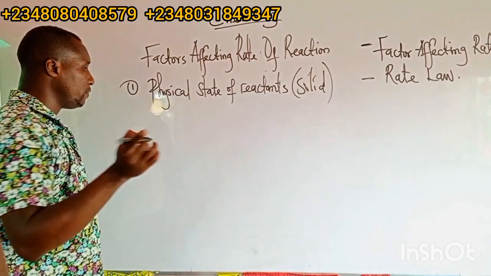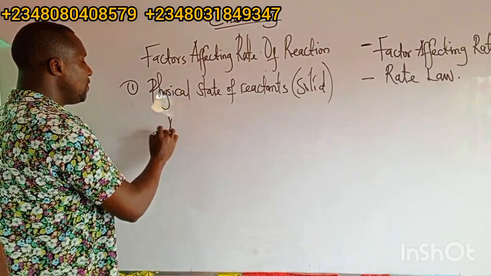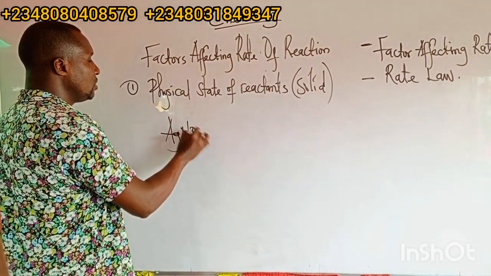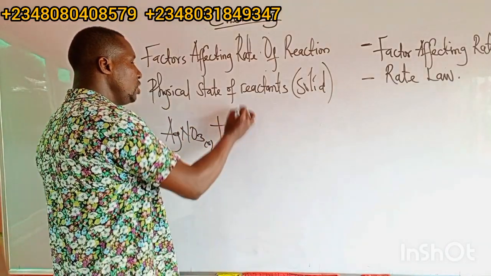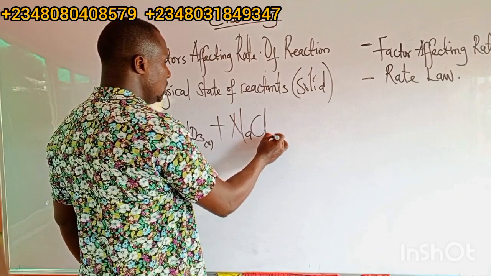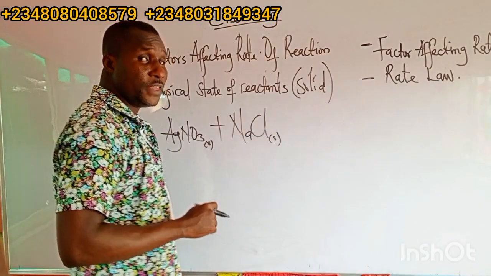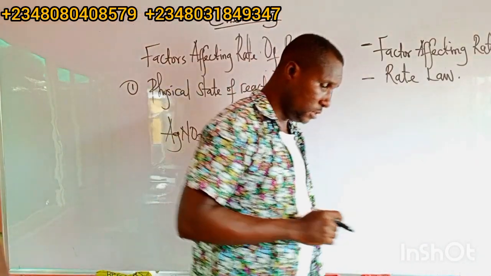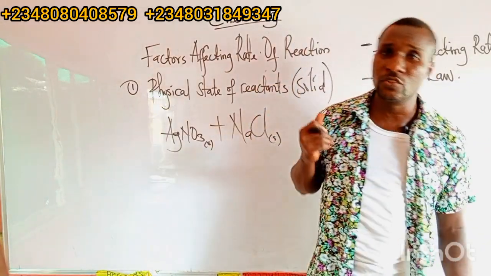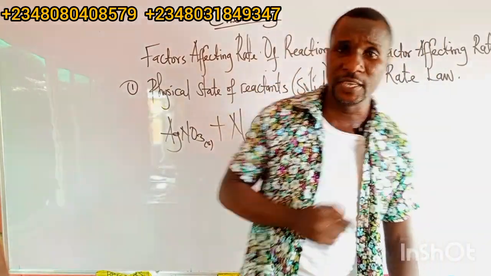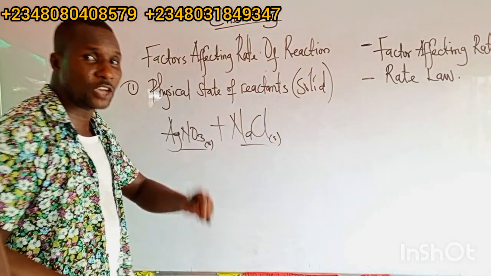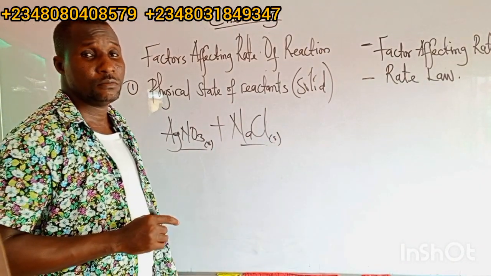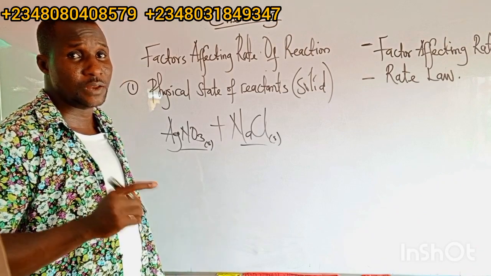When you have silver nitrate in solid state plus sodium chloride in solid state, both of them are in what? Solid. This will affect the rate of this reaction. In this case, where both reactants are in solid state, this reaction cannot occur.